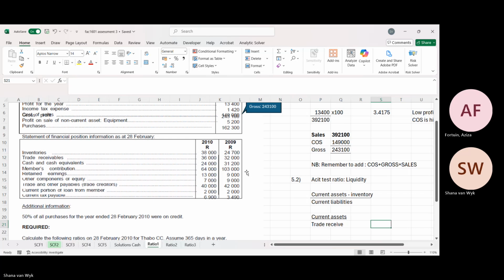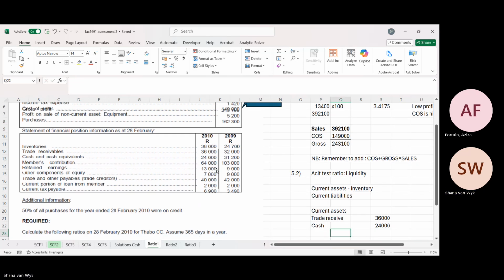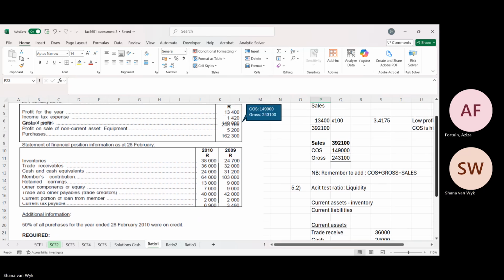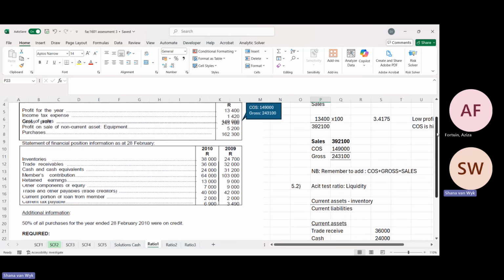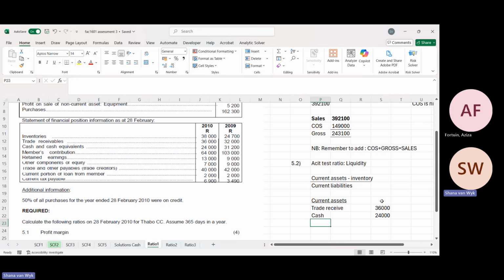So we're just gonna look at 2010. Trade receivables 36, cash is 24. Members, no. Retained, no. Equity, no. Payables, no. Portion, no. Tax, no. And it looks like this would be everything for current assets.